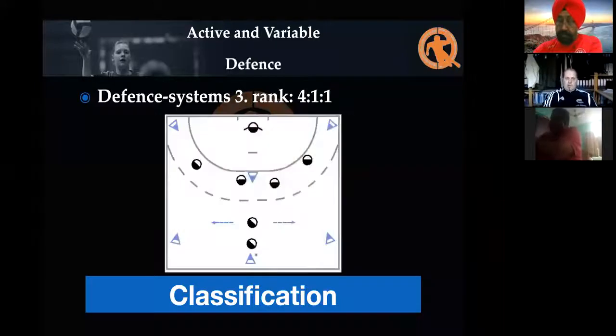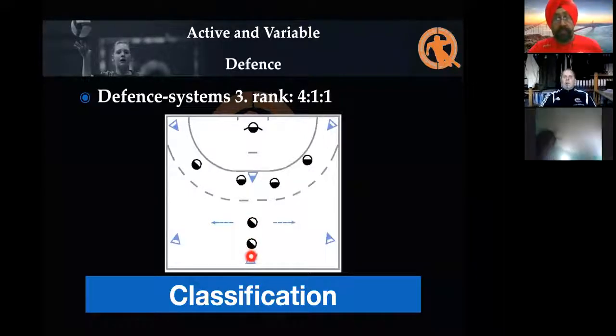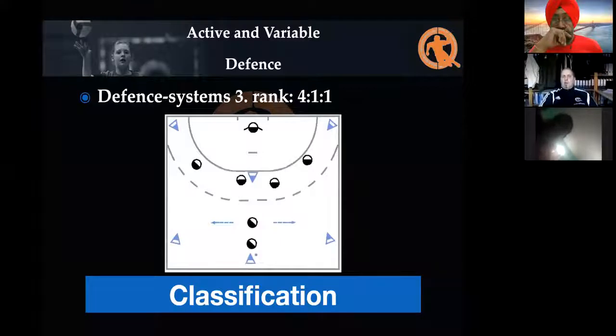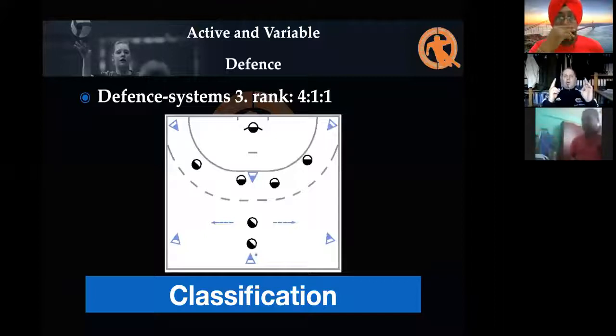So the picture you can see here shows, again, 4 players, basically positioned between 6 and 9 meters, and then 2 players in front of them, but not beside each other, one between or closer to the center line, more open against the center back, and the second one behind. So that's why it is not 4-2, it's 4-1 and another one. So this is the name and the explanation of that defense.